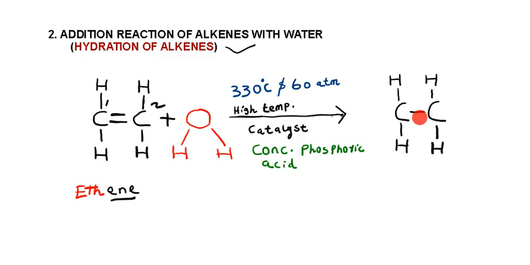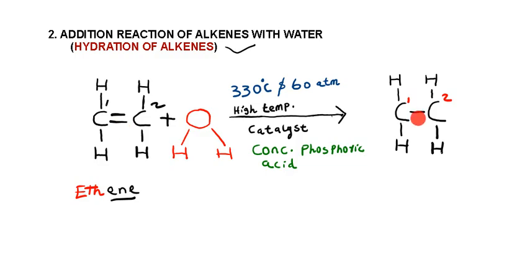Let us also number this. This is carbon number 1 and this is carbon number 2. So this double bond, which is a functional group typical of the alkene group, between the first carbon and second carbon, when it breaks apart, one single bond will remain. Look at the single bond that will remain.